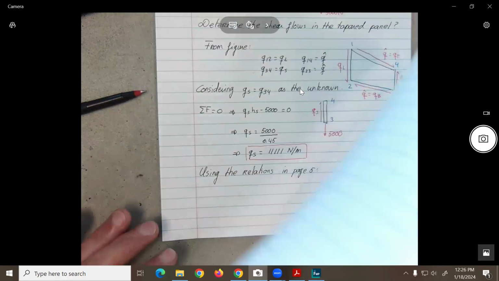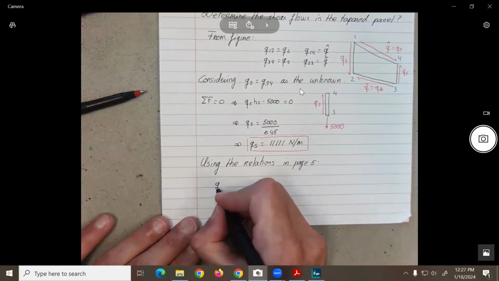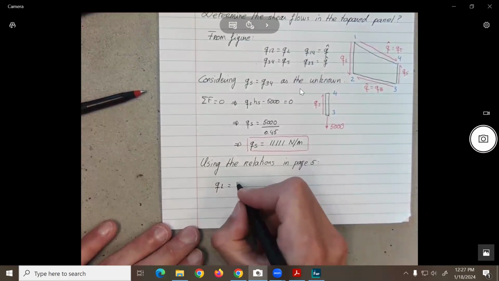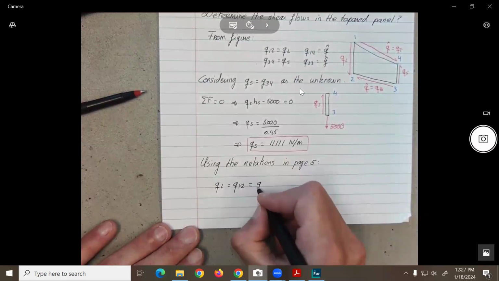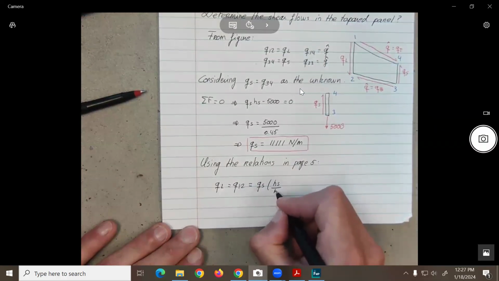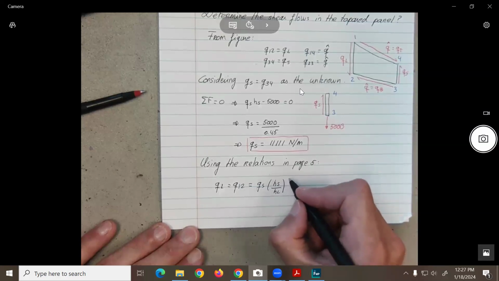What are we going to get? We're going to get Q long equal Q12 equal to Q sub S times H sub S over H sub long squared.